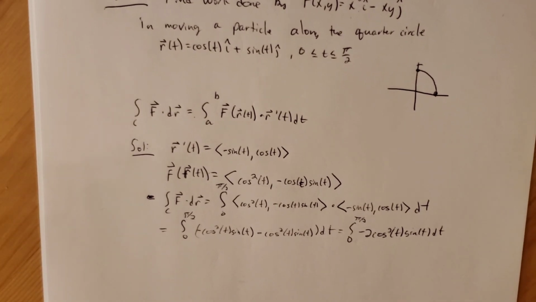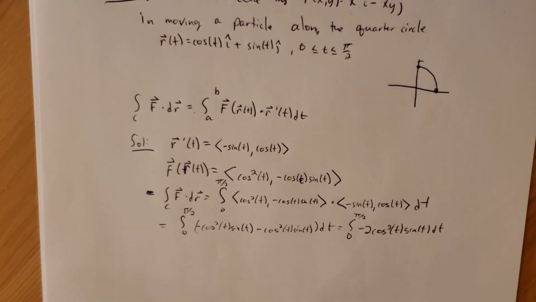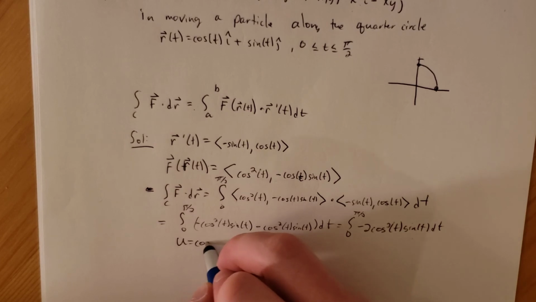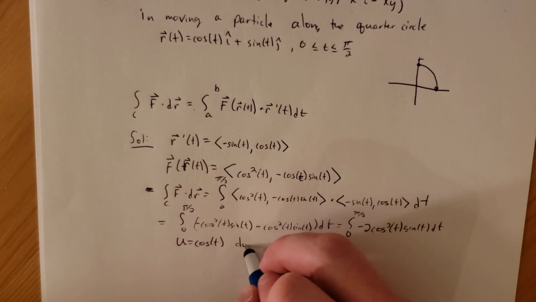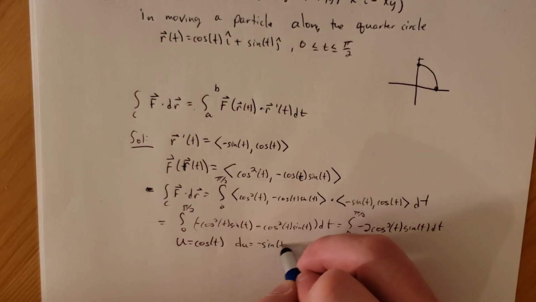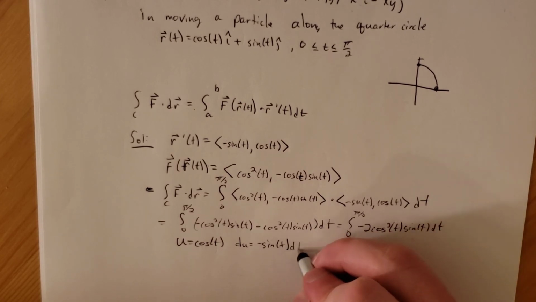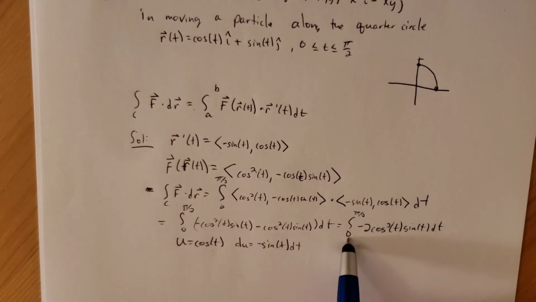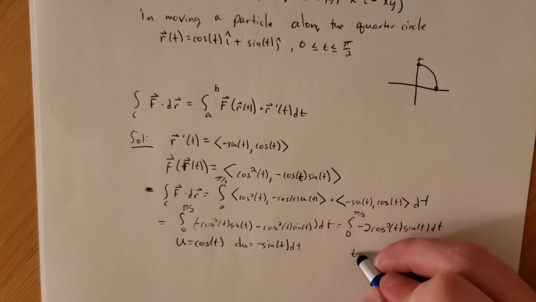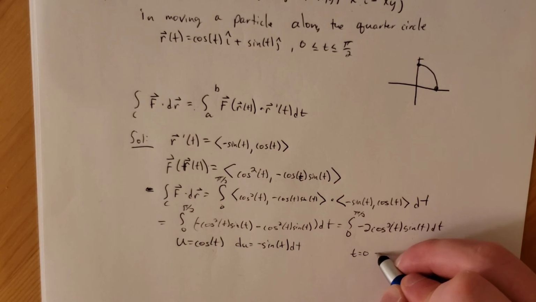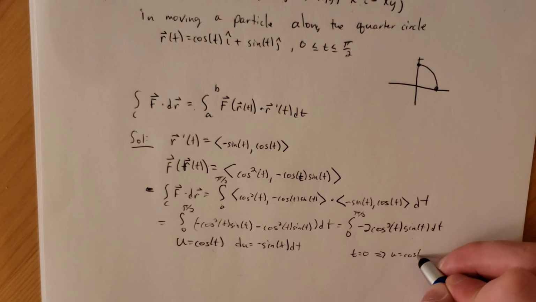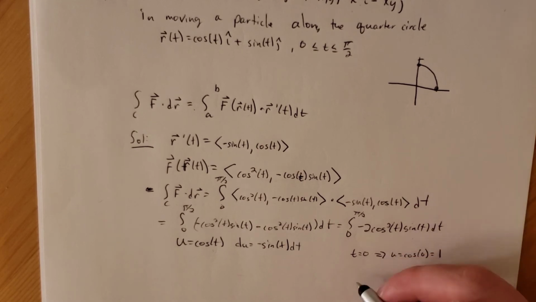All right, well, how do we integrate that? We notice that negative sine of t is the derivative of cosine, so we can take u equal to cosine of t, du equal to negative sine of t dt. If t is 0, this implies that u is cosine of 0, which is 1.